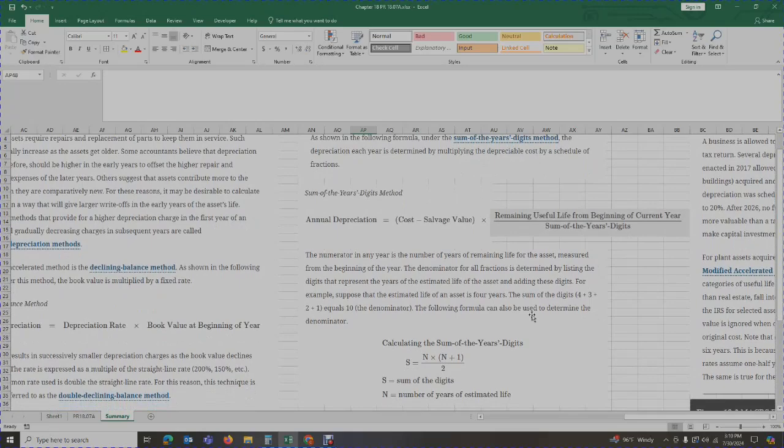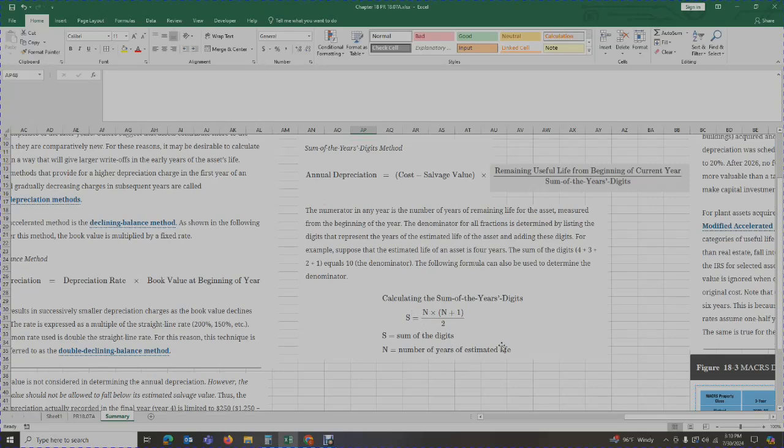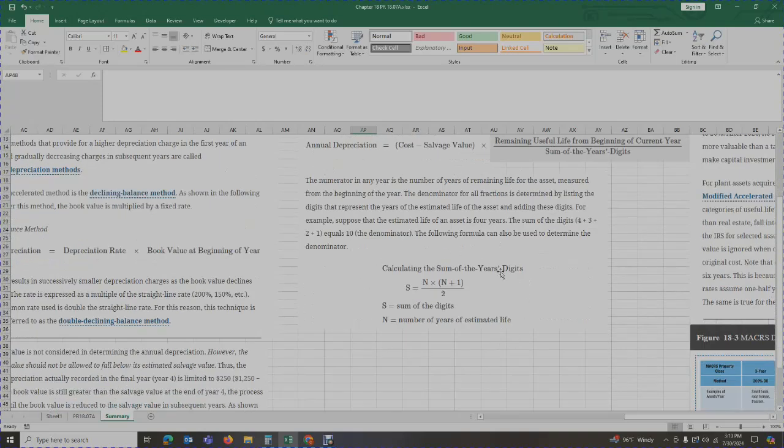To calculate the sum of the digits, you have to use this formula. The sum of the digits is equal to n times n plus 1 divided by 2. N is the number of years of the estimated life. Okay, so we're going to be using this formula to calculate the sum of the years.